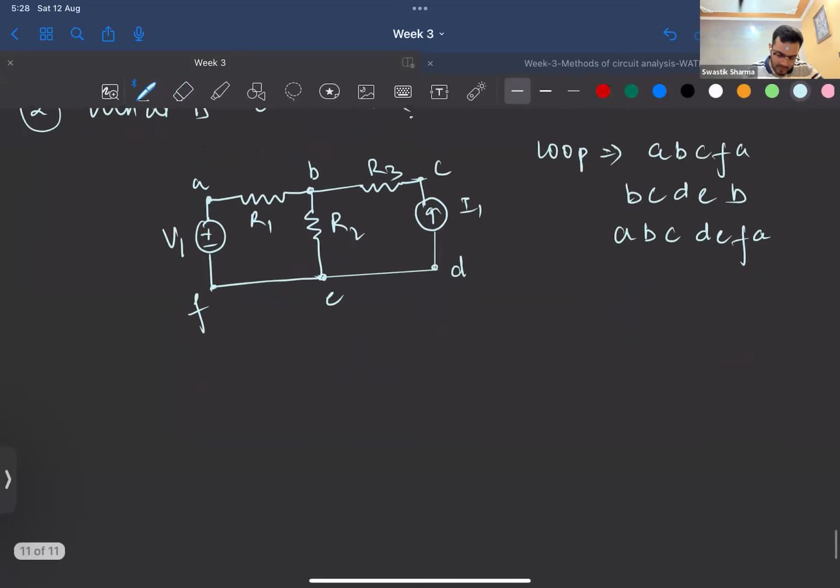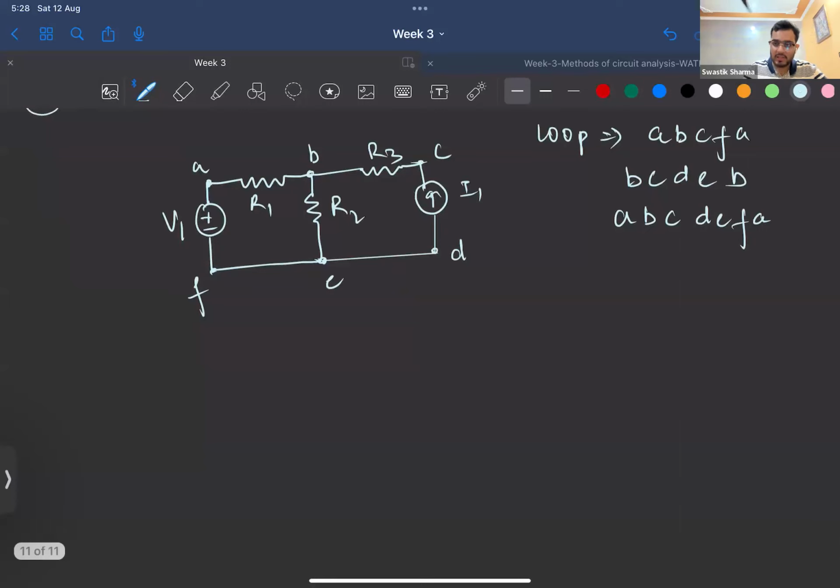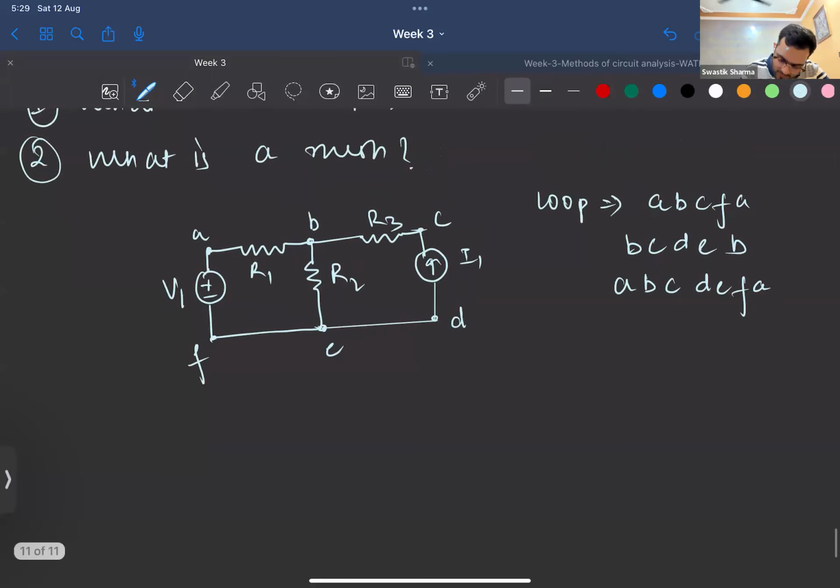But for a mesh, there's a difference. For a mesh, there can't be another loop inside that mesh. So for A, B, C, D, E, F, A, there are two meshes: one is A, B, E, F, A, and the other is B, C, D, E, B.